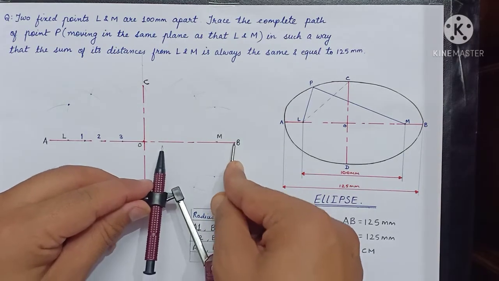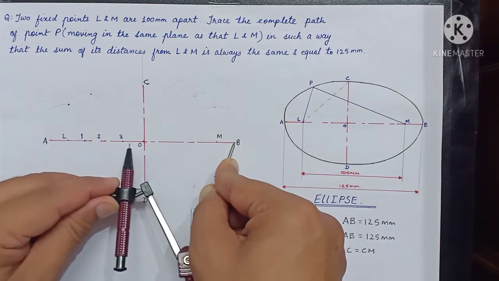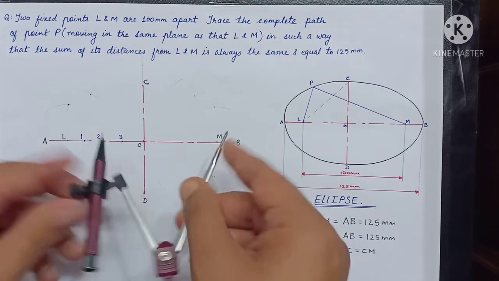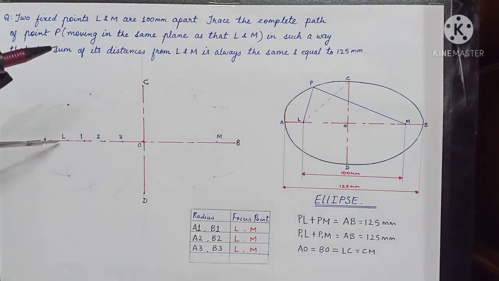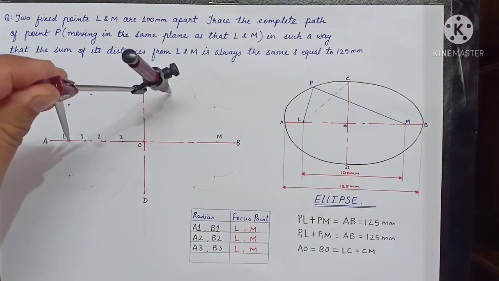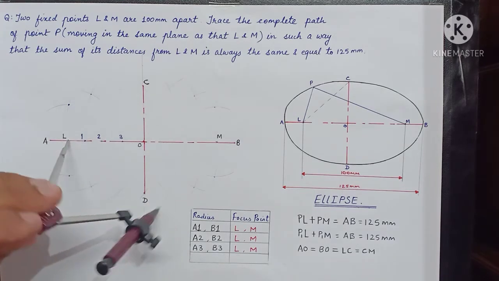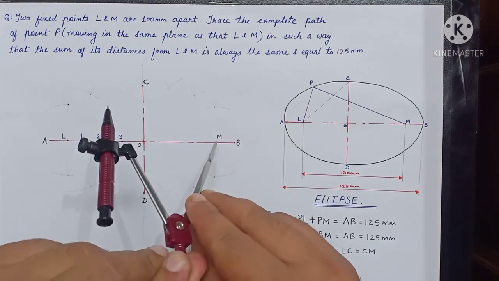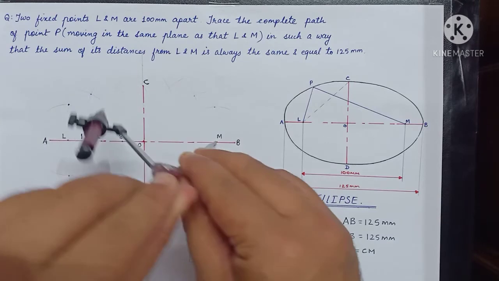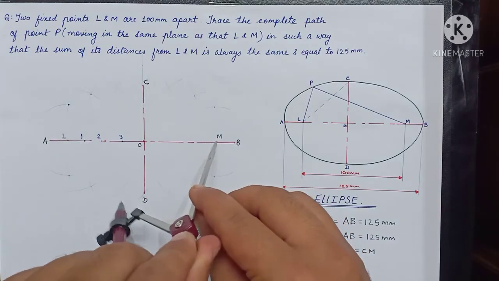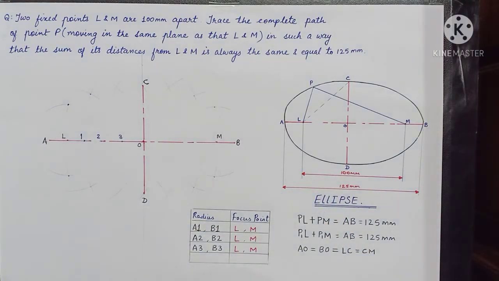Then measure from B to 3, place it on L, we get 4 new points.